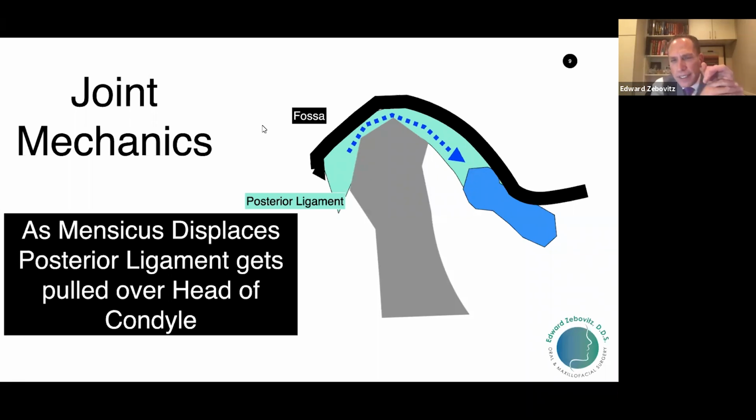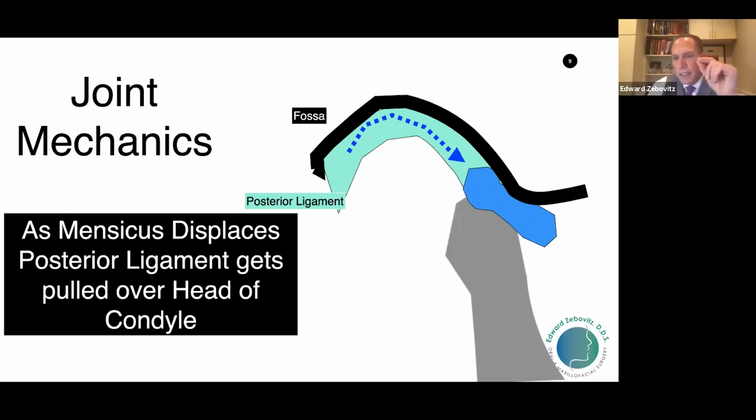Realistically, my experience has been that the posterior ligament is highly adaptive, and because it's such a slow process, it actually functions pretty well. With an anteriorly displaced meniscus, the retrodiscal tissue gets pulled over top of it, and that becomes our interpositional material that we're functioning on.